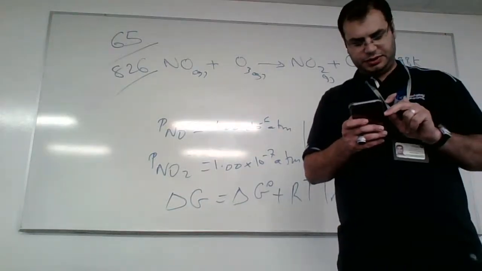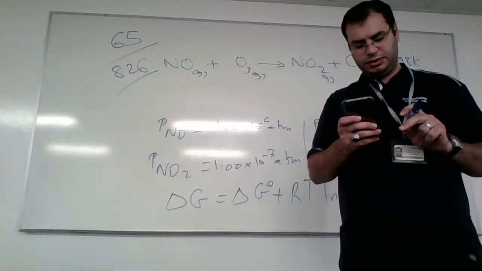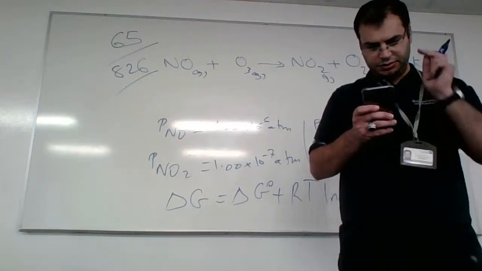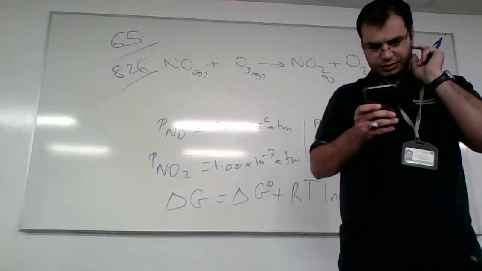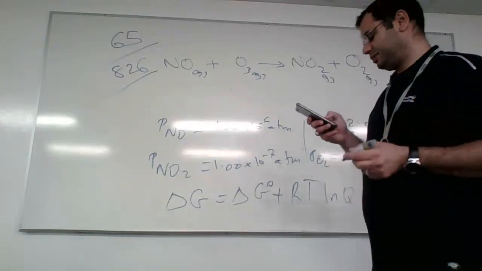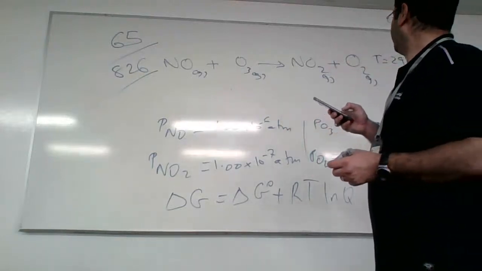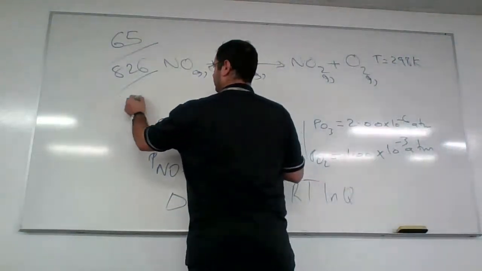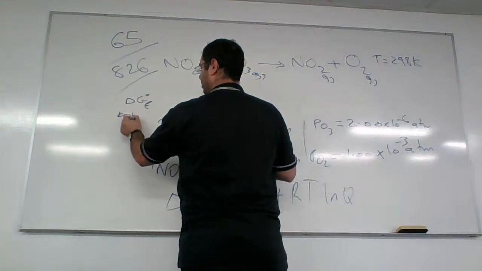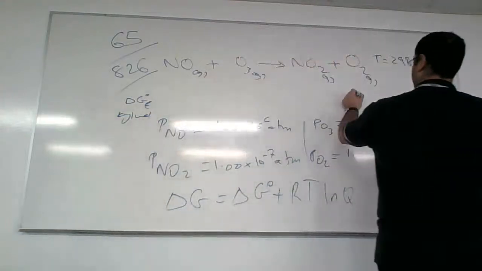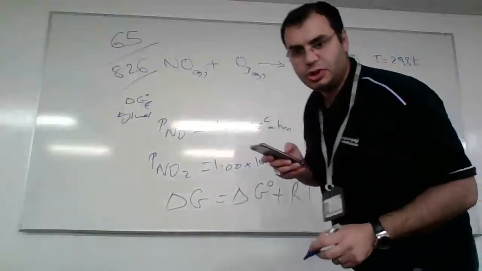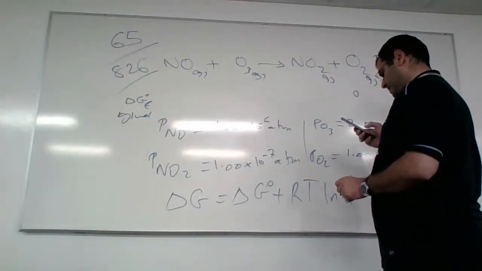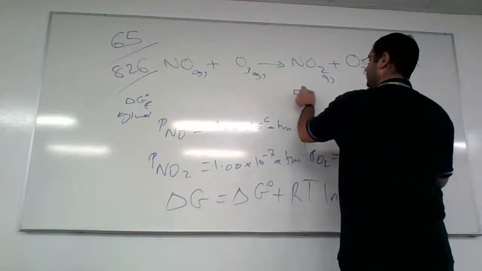Okay, let's go to the appendix now. We can find those. So for O2, this one is delta G of formation, of course kilojoule per mole. What's the value of it for oxygen? It's 0. And then for the NO2 it is 52.